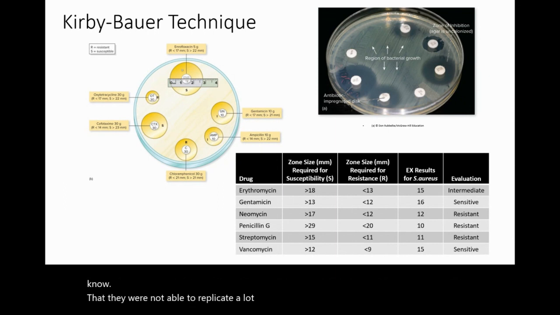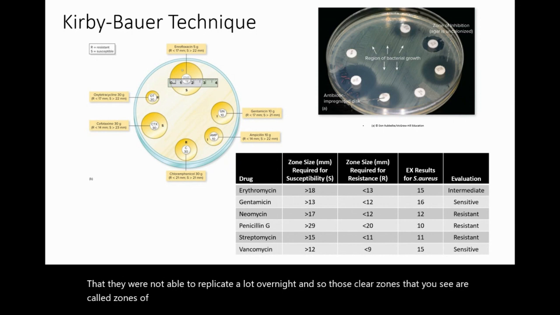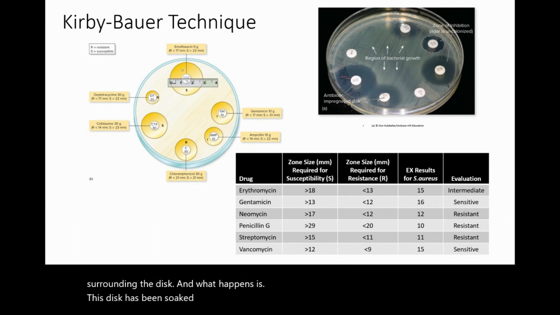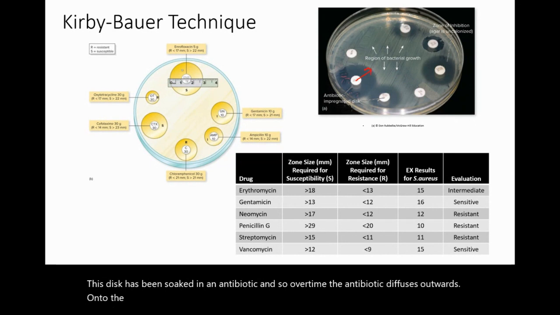And so those clear zones that you see are called zones of inhibition. And they form because the bacteria is unable to grow in the region surrounding the disc. And what happens is this disc has been soaked in an antibiotic. And so over time, the antibiotic diffuses outwards onto the media, onto the plate, okay?